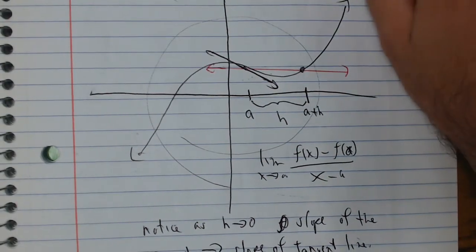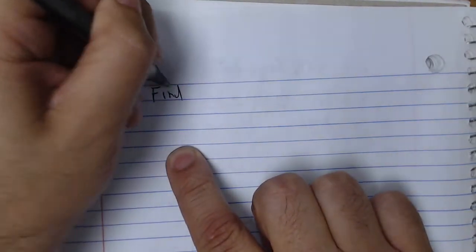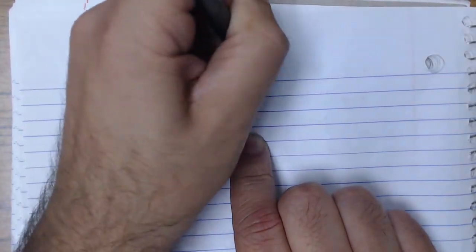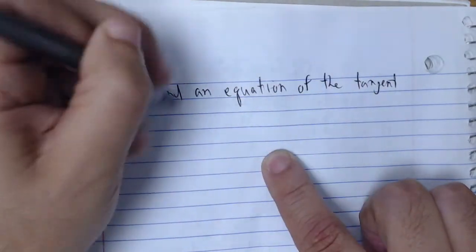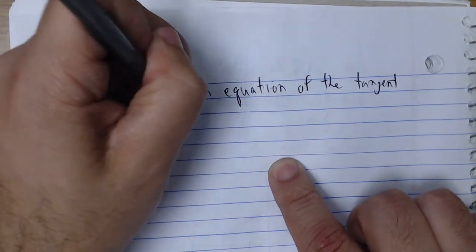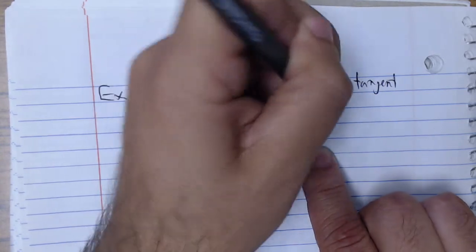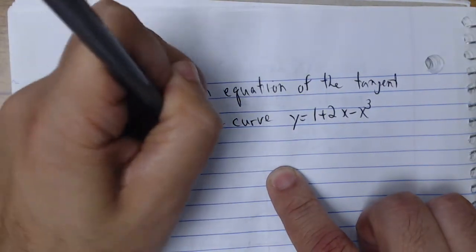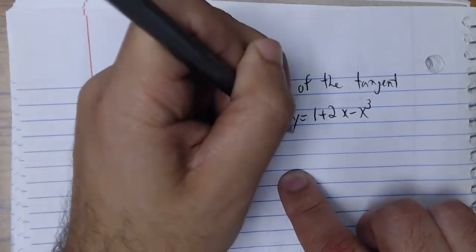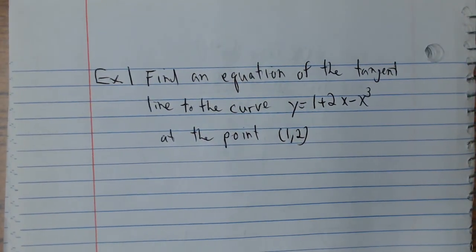So for example 1, we'd say: find an equation of the tangent line to the curve y equals 1 plus 2x minus x cubed at the point (1, 2).